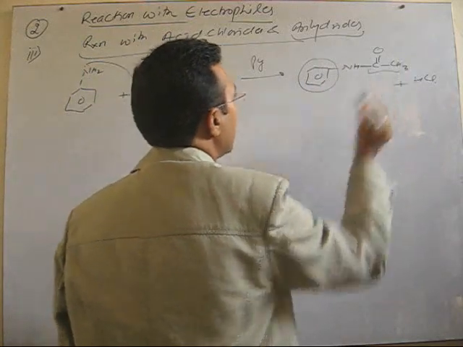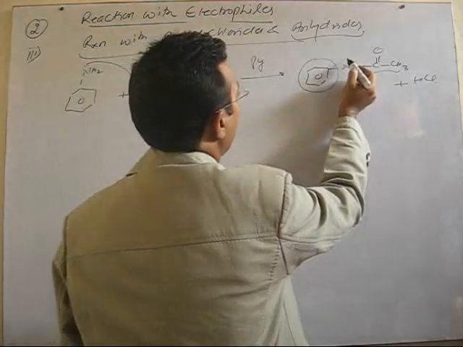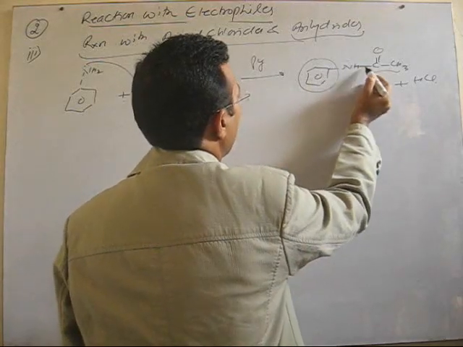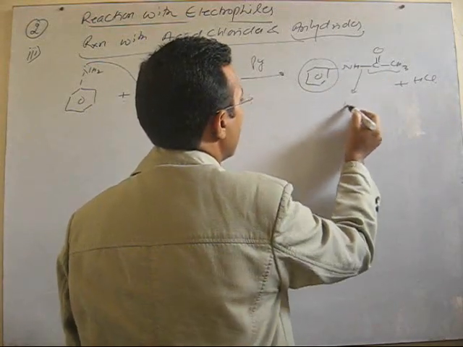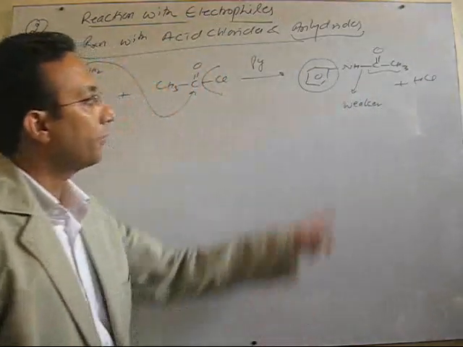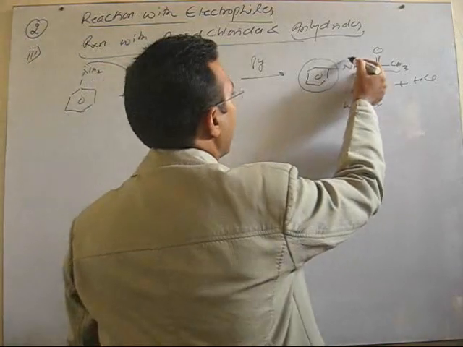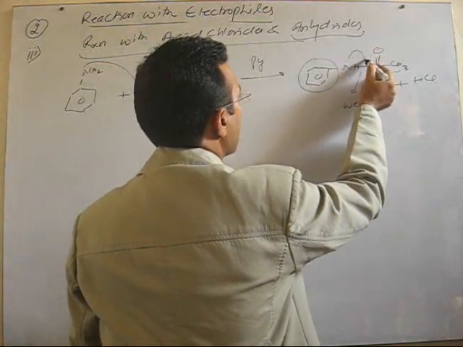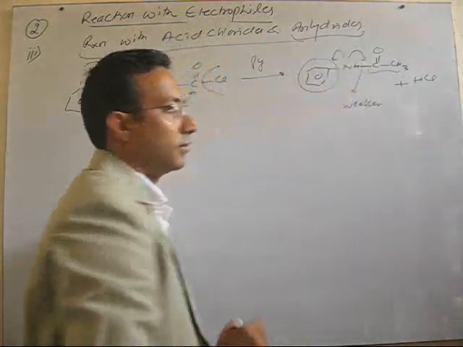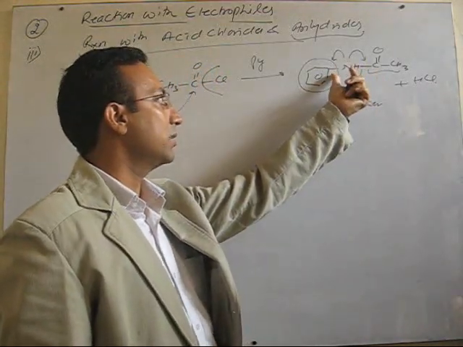Fine. So this is N-phenyl ethanamide. Now because this nitrogen-carbon bond is somewhat weaker as compared to when it is alkyl substituted, because the nitrogen electrons are delocalized on both sides. Here the carbonyl group attracts them, but here benzene attracts them.